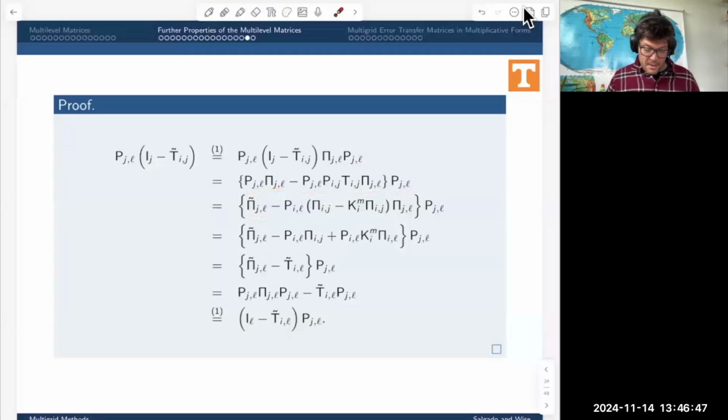What about this guy here? So the product of these two matrices here is just going to be PIL.